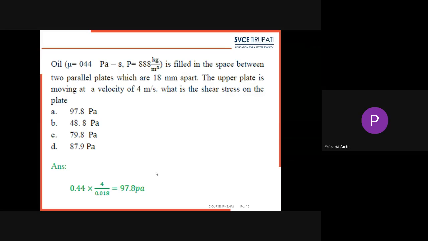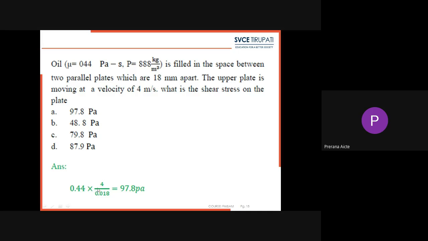So to calculate the shear stress, we are going to use the formula tau equals mu into du by dy. Here mu is 0.44 Pascal second, into du by dy. The velocity is given as 4 meters per second and dy, the change in distance, is 18 mm.